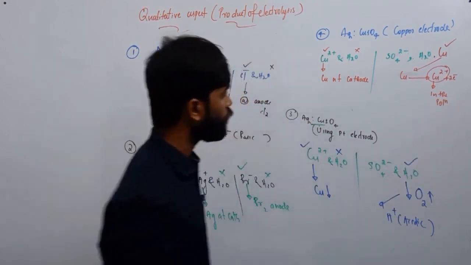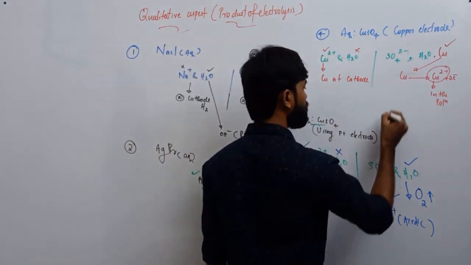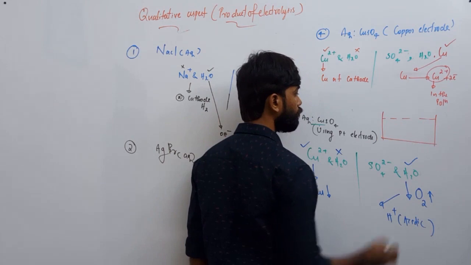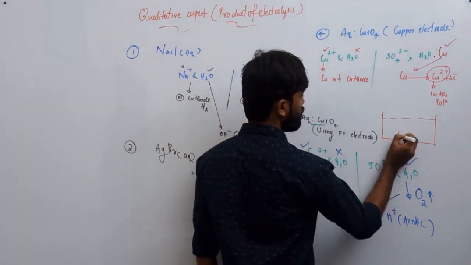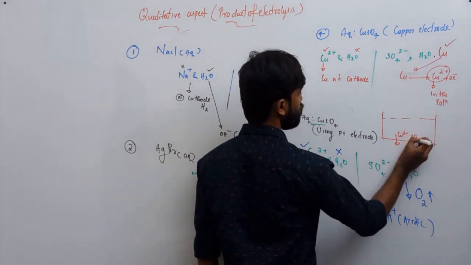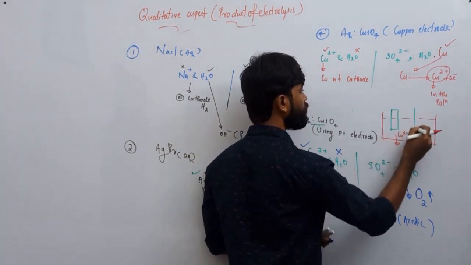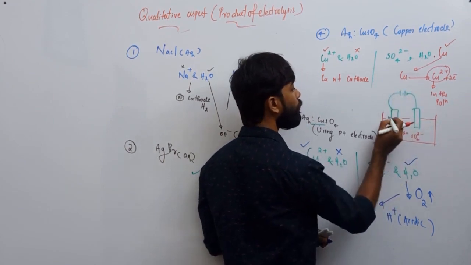Okay. So there is some kind of difficulty in your mind. Let me discuss that case. So this is an electrolytic tank. We have copper sulfate. Copper sulfate means Cu2 plus and SO4 2 minus. Well, the two electrodes are copper. Here the electrolysis is using copper electrodes.